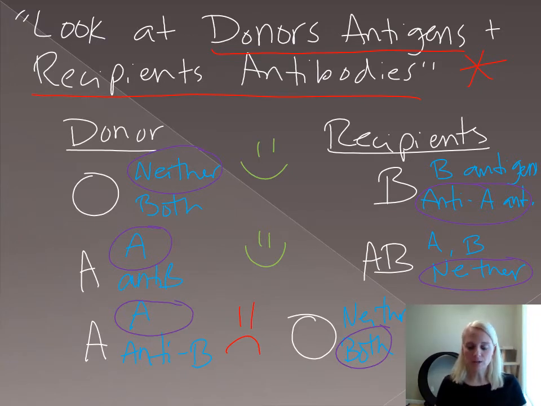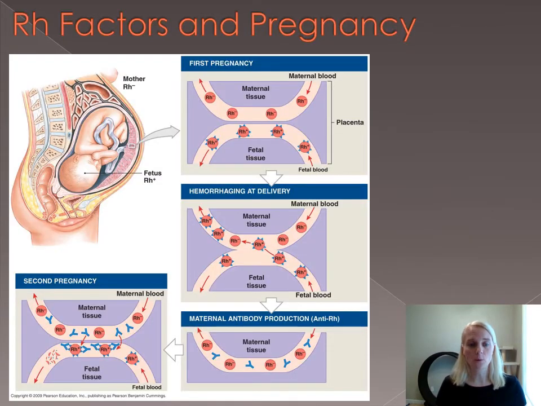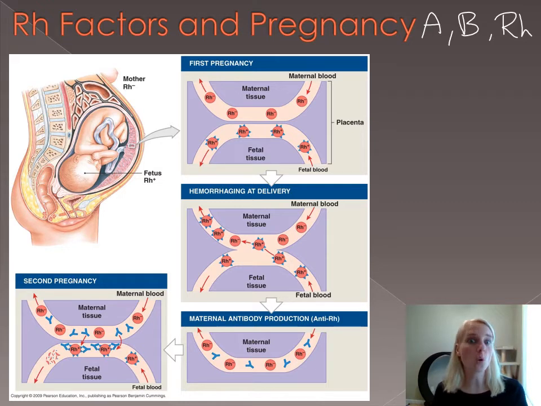Now we're going to add the RH factor, the positive and negative blood types. We're going to use this example of a pregnancy, a couple of pregnancies, but first, before we do that, I have to talk about what the RH factor is. The RH factor is just another antigen. So now we had A, B, and now our third option is RH. It's genetically predetermined. RH is dominant to no RH.